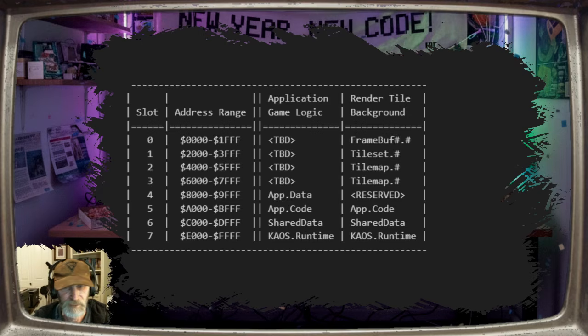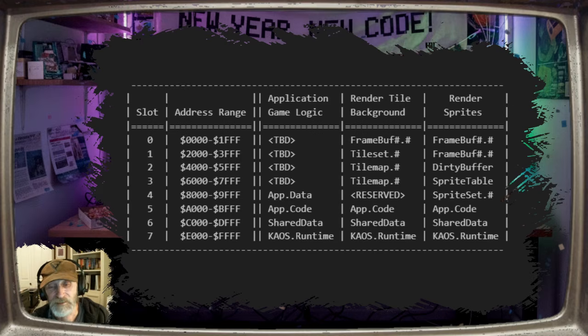So we want to try, if at all possible, to keep that in there. If not, then it goes. But we still have one reserved. Don't have anything to do with that. Keep in mind, we may have to make some sacrifices, so that might get allocated. And then, of course, application code, shared data, and chaos runtime.